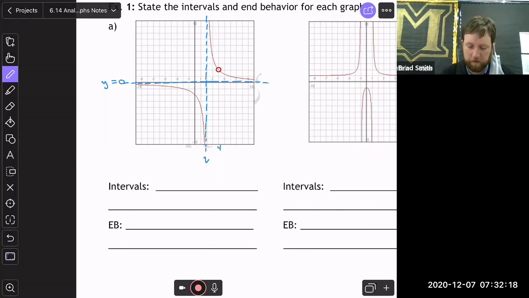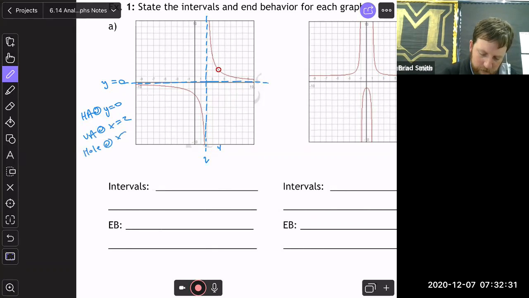Just kind of labeling some things. So you got a horizontal asymptote at y equals 0, vertical asymptote at x equals 2, and you got a hole at x equals 4. So if we started this graph from the beginning, you would already have all that listed, right? So nothing new. We're just picking out of a graph.